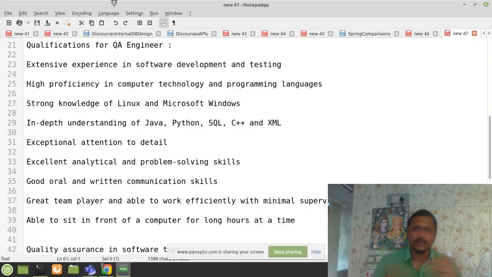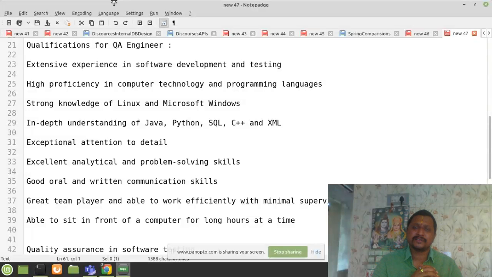Without oral skills, we can't explain the requirement to the developer, the marketing team, or your team member. Wherever we go, we must definitely have good oral and also good written skills for writing the test cases, or preparing the documentation, or maintaining the documentation. Also, we need written communication skills. It is very important.